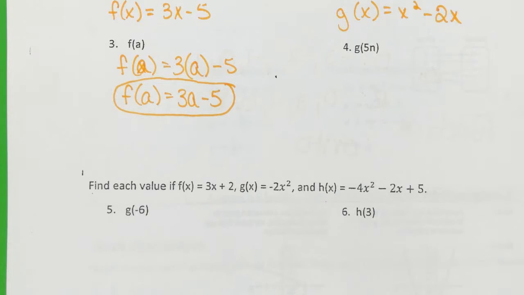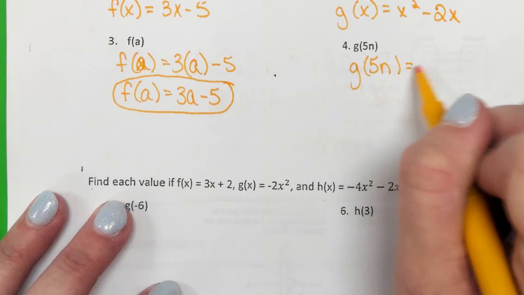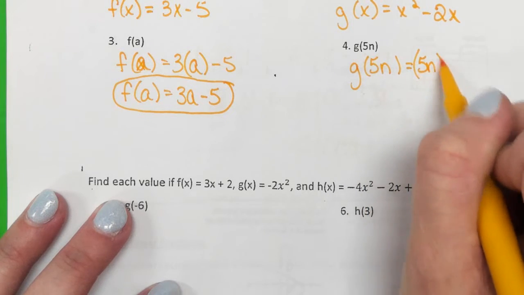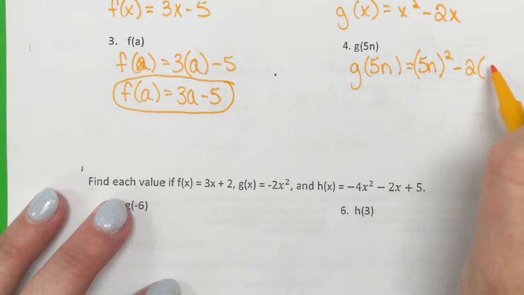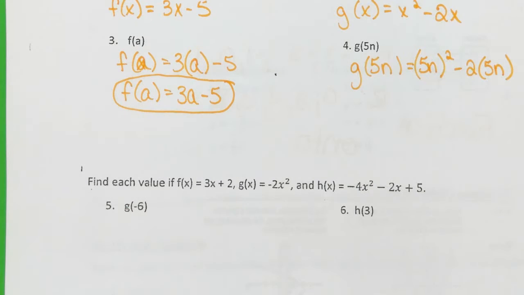All right, what about number 4? Instead of saying x on number 4, I'm going to put 5n in. And what do I have to use when I'm squaring something? Parentheses. Because if you use parentheses, am I going to square the 5 when I use parentheses?